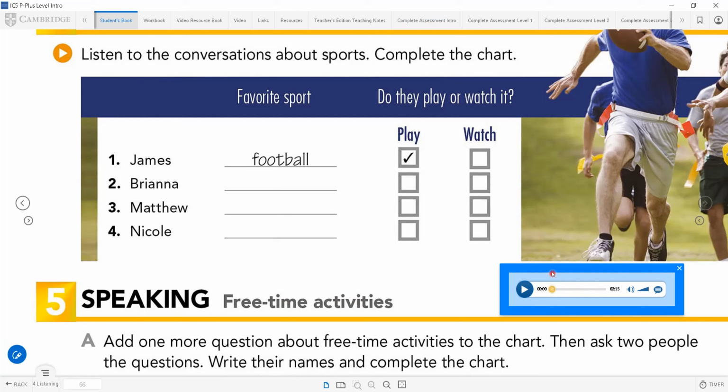Does he play or does he watch the games? He watches. Nicole, what is the favorite sport? Basketball. Does she play or does she watch? She watches. Good.